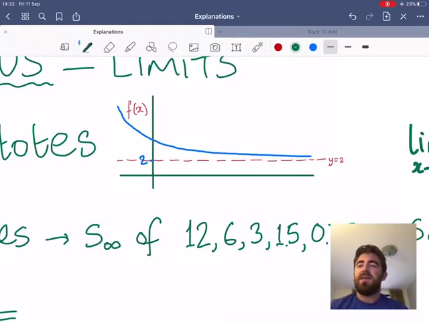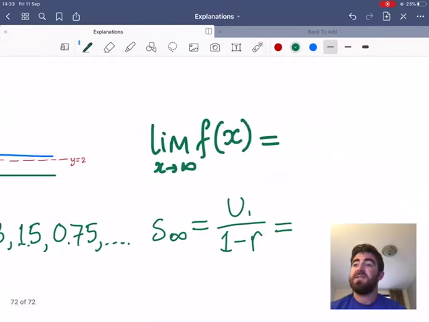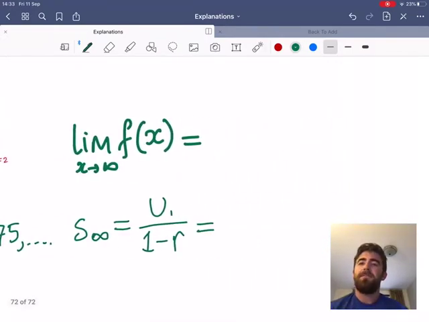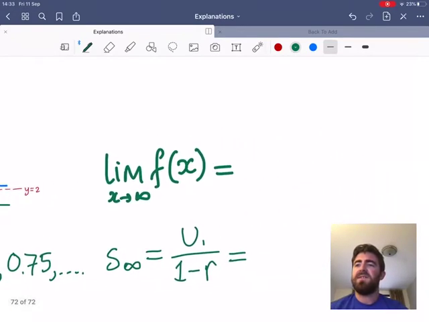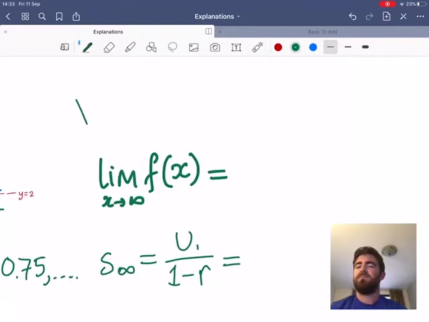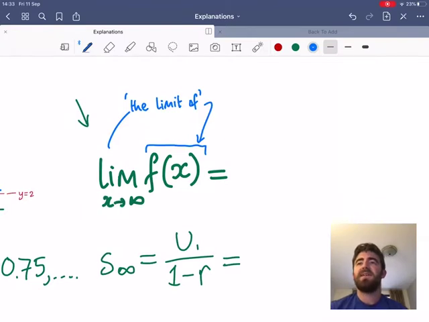But what's really happening here, or what notation should we be using for this asymptote? It's going to have some special notation that we see here. We've got lim f of x, and we've got a small x tends to infinity below it. So, what does that mean? Well, lim means simply the limit of something, the limit of the thing next to it, the limit of f of x in this case.